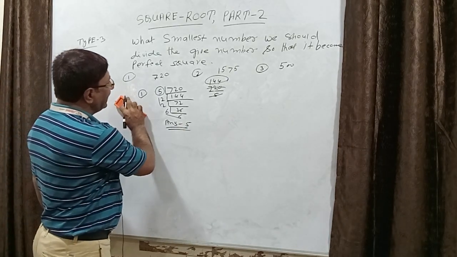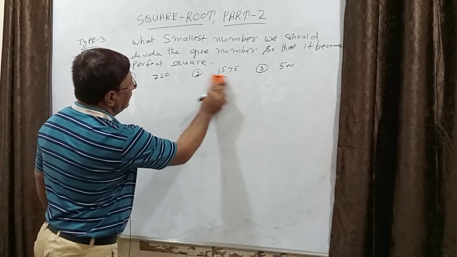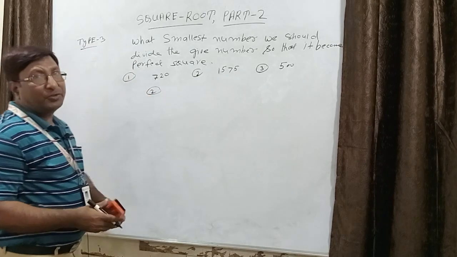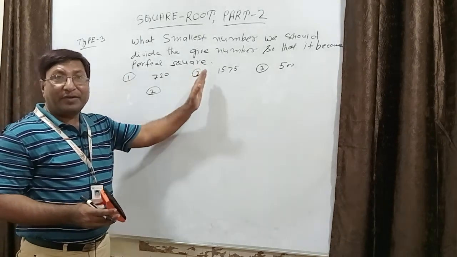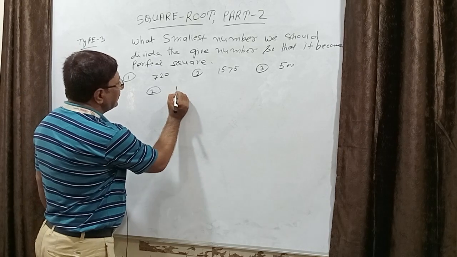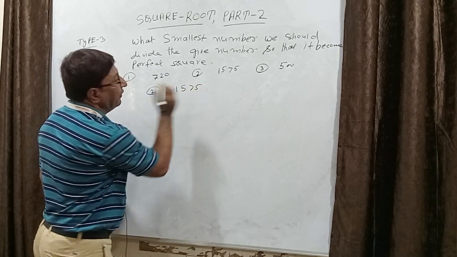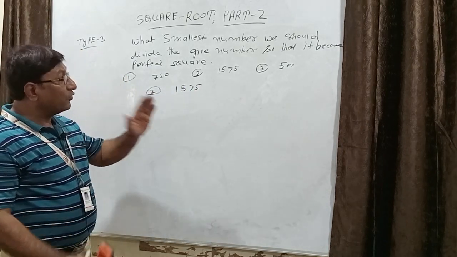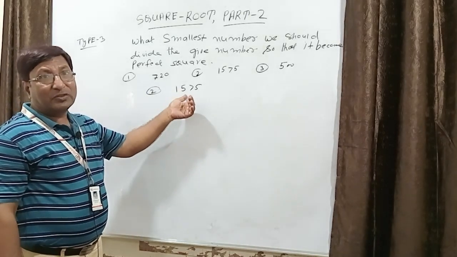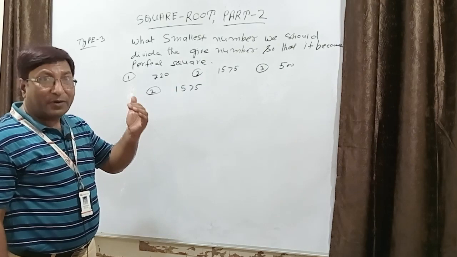Now we will deal with the second question. Question number 2 is 1575. So again see, this is 1575. And our question is: what smallest number do we divide by so that it becomes a perfect square.